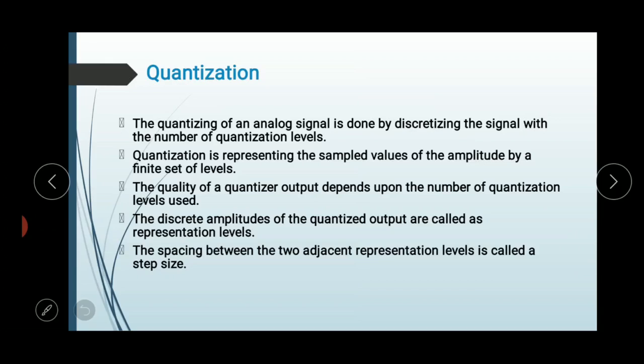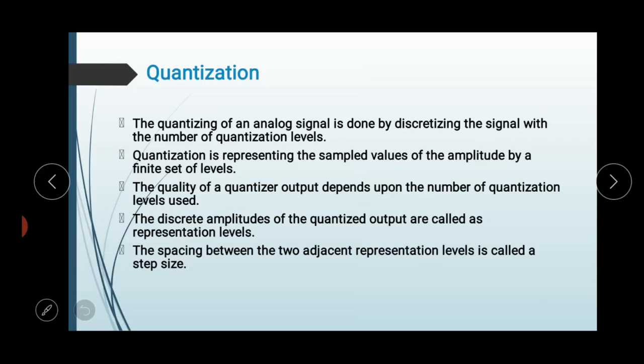In the sampling step, the continuous time signal is converted to a discrete time signal. Means from the continuous signal we get our samples. Then in the quantization step we compare those samples with predefined levels.